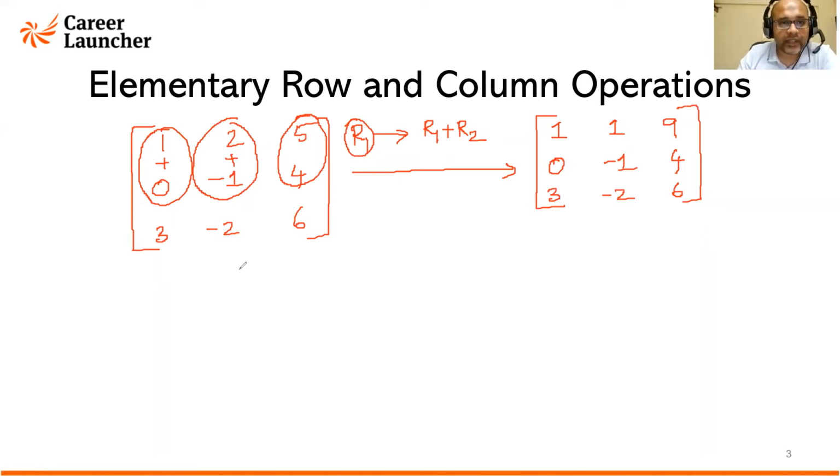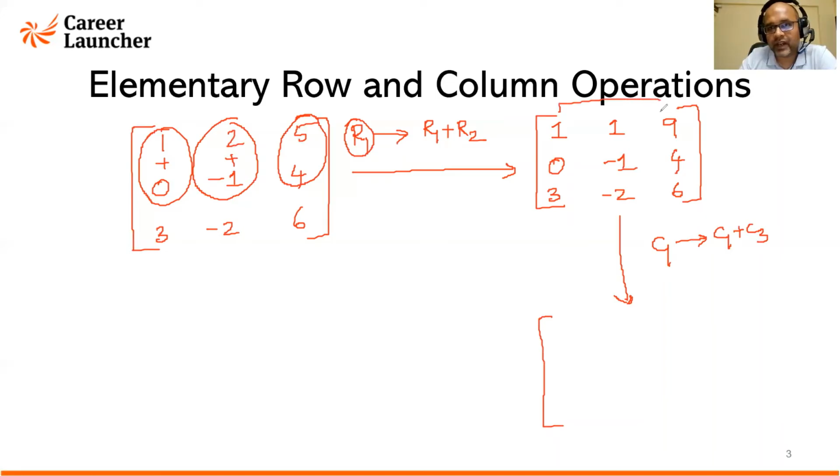I can do the same thing using columns. If I continue from here, and if I want to write column 1 is equal to column 1 plus column 3, then I can write column 1 as 1 plus 9, because these are the two columns which I'm adding. 1 plus 9 is 10, 0 plus 4 is 4, 3 plus 6 is 9.